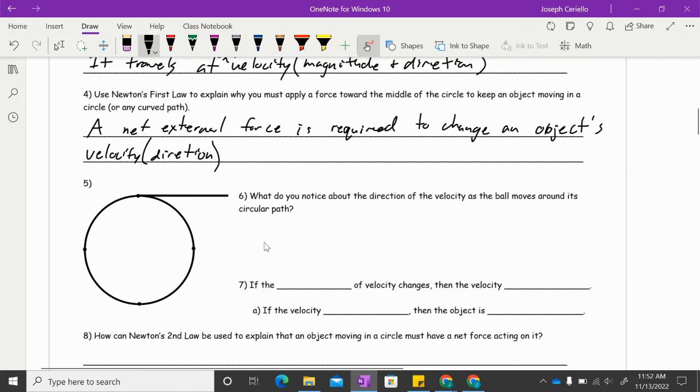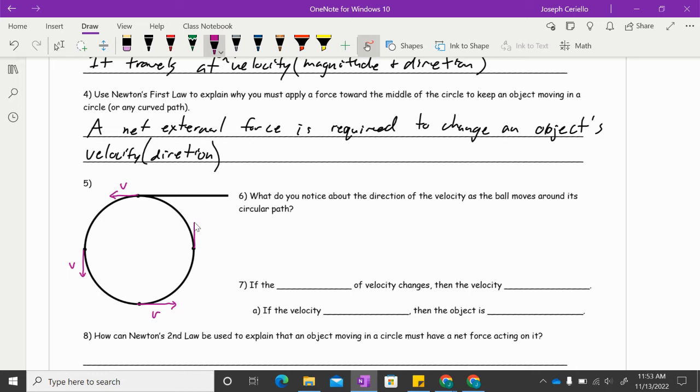So what do you notice about the direction of the velocity of the ball? What do you notice about the direction of the velocity as the ball moves around its circular path? Well, you should notice that the velocity of the ball, if I were to kind of sketch it, I'll do it in, let's just do it in red, or let's do it in purple. The velocity of the ball is always going tangent to the circle.